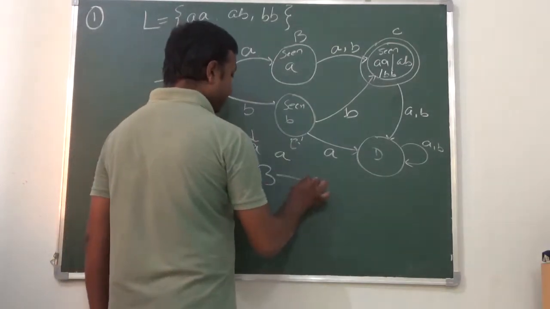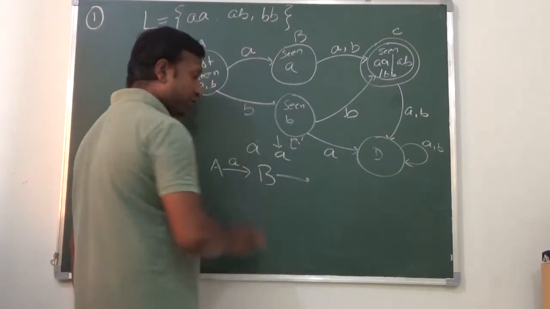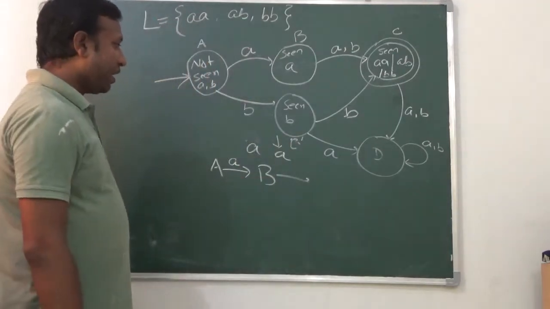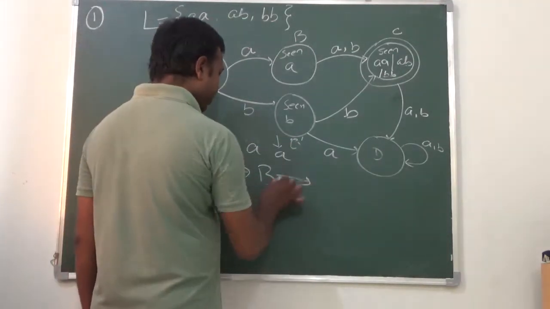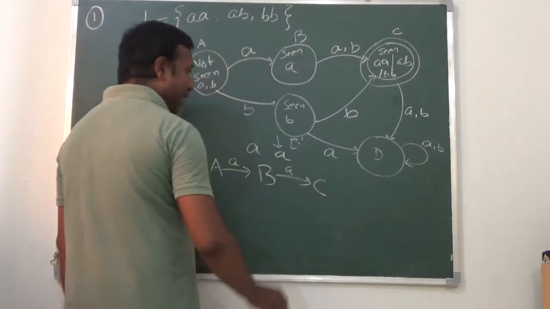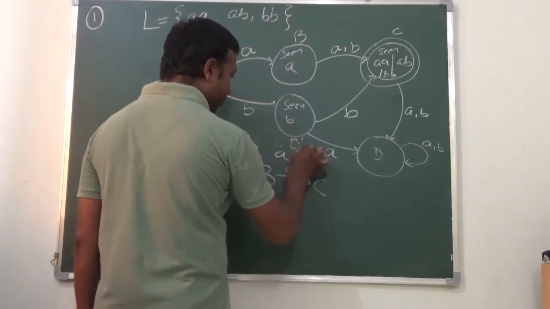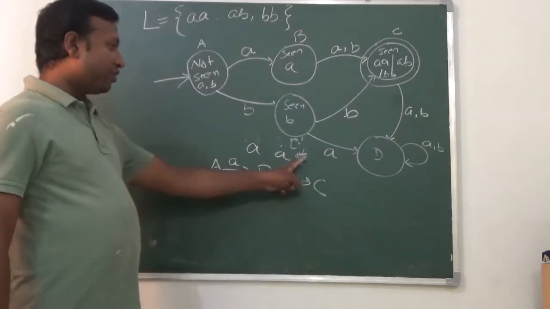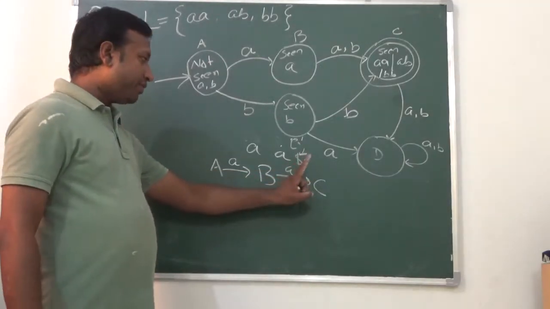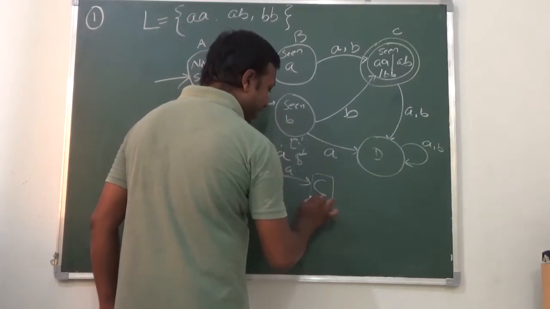Then after reading, the head should move to the next location, that is on this A, and if you are reading A again, you are moving to the state C, and then the read head should move to the last thing, which is called the dollar. If you are reading the dollar, what is the last state?